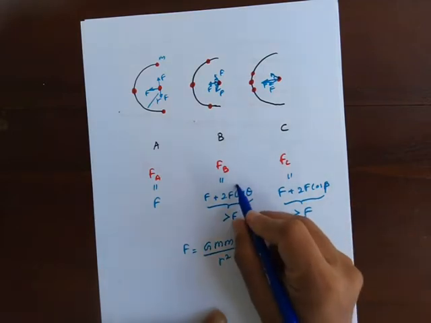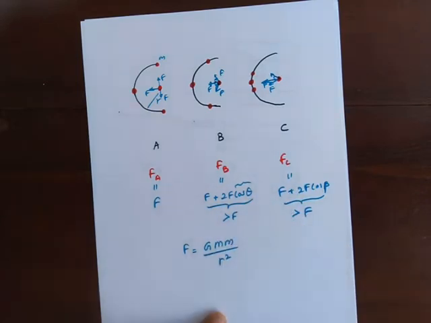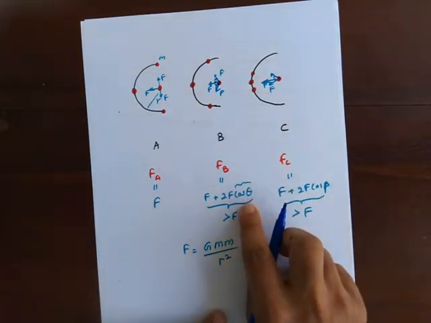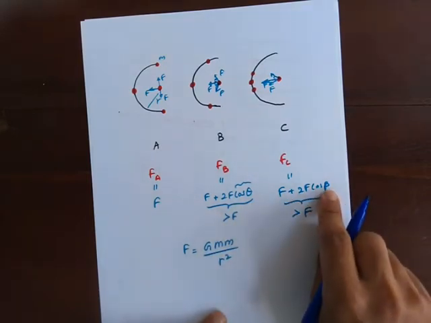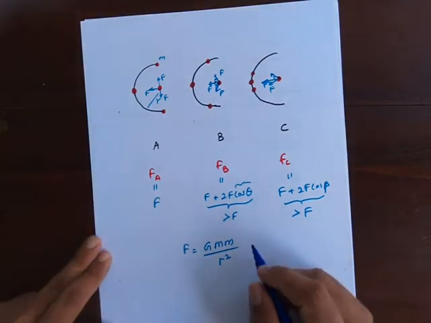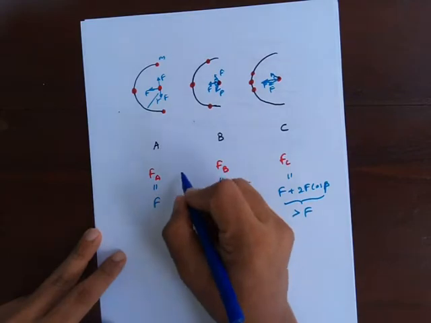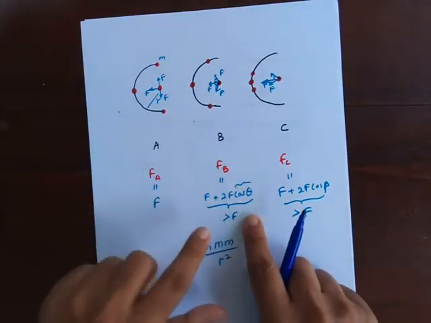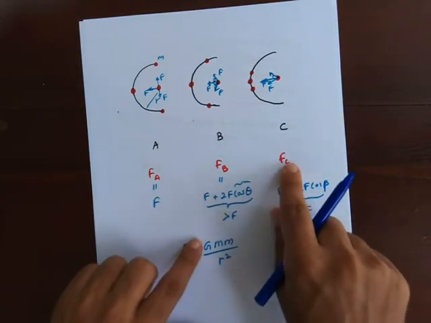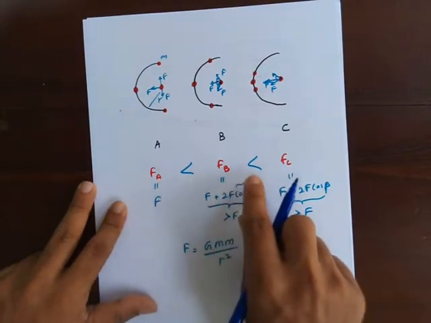So this cos value is less than this cos value because this angle is smaller than theta, therefore this has a smaller value compared to this. So now I can write the relationship. The smallest is Fa, then next is Fb, and Fc is the greatest. This is the relationship between Fa, Fb and Fc.